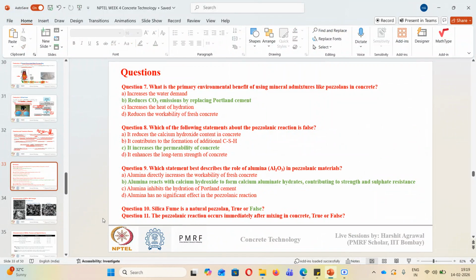Question number 11. The pozzolanic reaction occurs immediately after mixing with concrete. Whether the statement is true or false. Whether pozzolanic reaction is an immediate reaction or a long term reaction. Can anyone tell me what will be the answer? True or false?